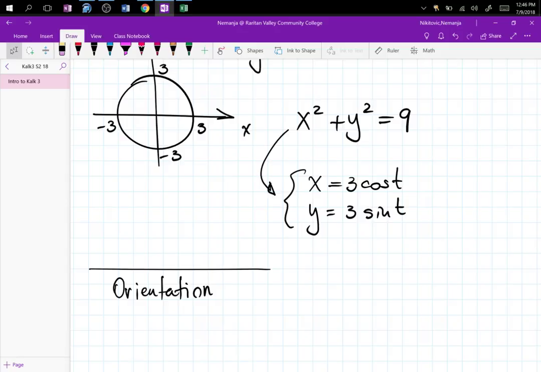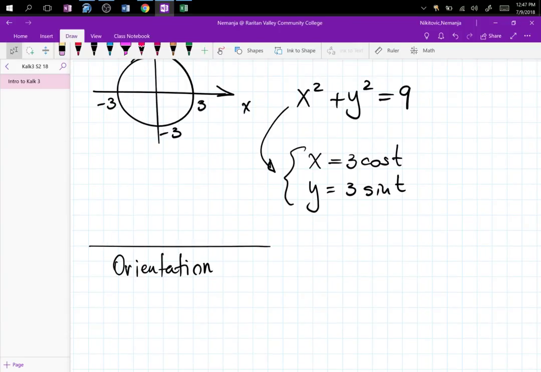If you introduce t and you want to call it time, you can track progression of a line in time, which gives it orientation. Which way do you draw the line? Is it clockwise or counterclockwise? This will be crucial in chapter 14. We'll be dealing with parametric equations in chapter 12, but orientation is coming into play in chapter 14.